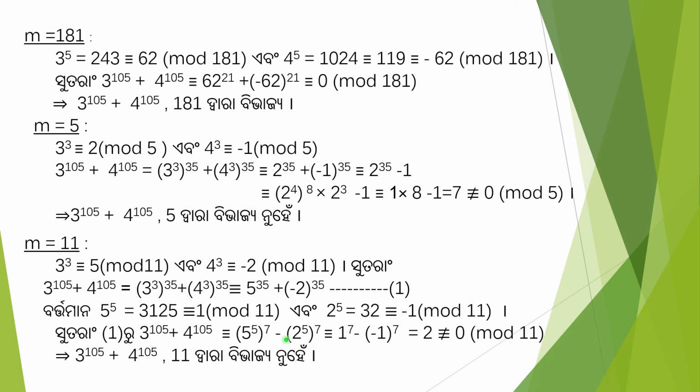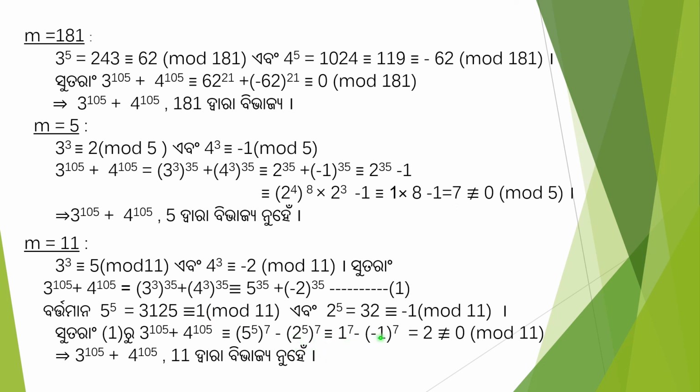minus, because we found that 3 to the power 105 plus 4 to the power 105 is equal to 5 to the power 35 plus (minus 2 to the power 35). Writing 5 to the power 35 as (5 to the power 5) whole to the power 7 and minus 2 to the power 35 as minus (2 to the power 5) whole to the power 7, that is congruent to 1 to the power 7, because 5 to the power 5 is congruent to 1, and minus 2 to the power 5 is congruent to minus 1, so minus 1 to the power 7.